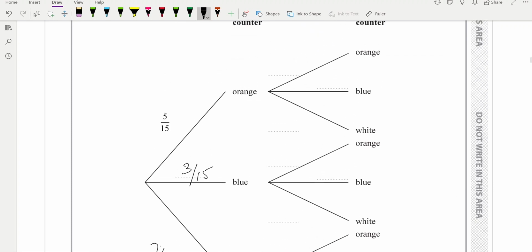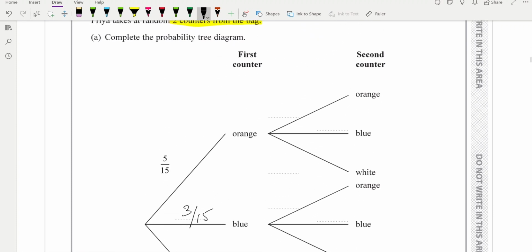Then similarly for the next portion, for the next counter, this is for the first counter. For the second counter, one counter is already gone. So if orange is gone, the next orange will be 1 less than 5, so it will be 4, and 4 out of the total. Now the total is not 15, it is 14, so we'll write 4 out of 14.